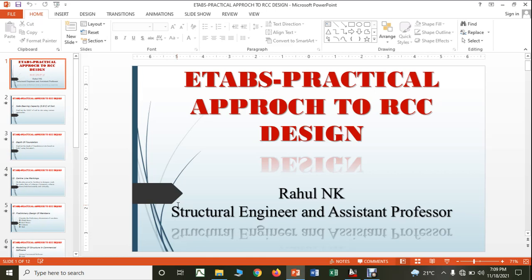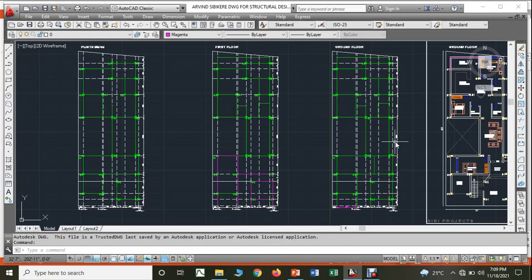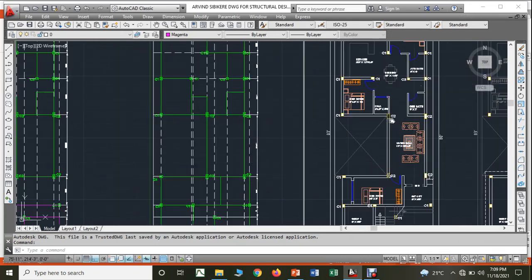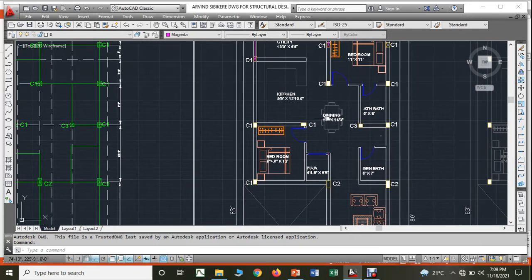Today in this lecture, I will explain on what basis we are supposed to select the dimensions of the given beams and columns. Now, you know that this is the plan of the building that we have considered for the first project.